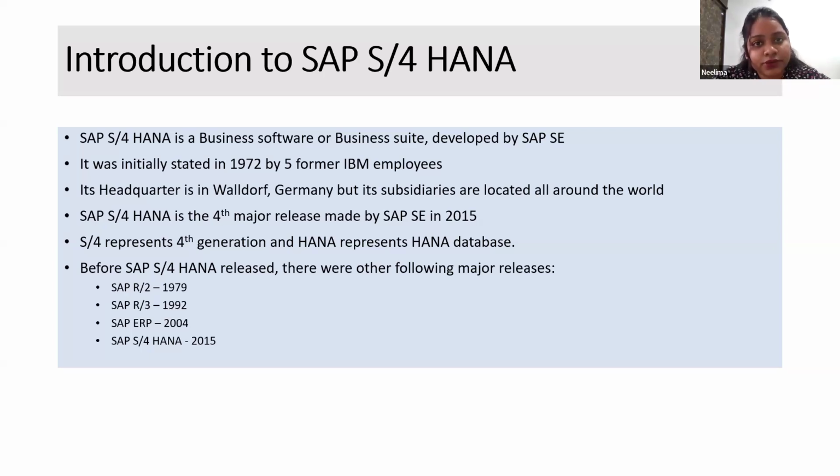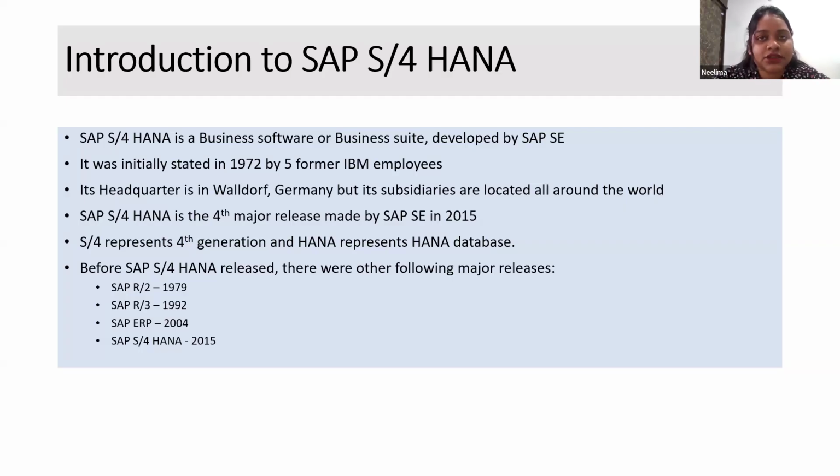From 2010, it has its own database, which is the HANA database. So SAP HANA came into the picture from 2010, and in 2015, the complete version of SAP S/4HANA came, which is considered the fourth major release of SAP software.